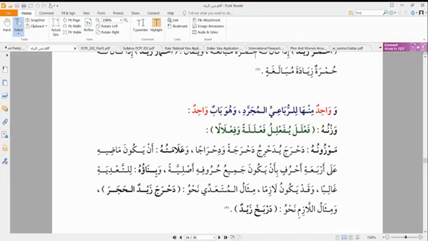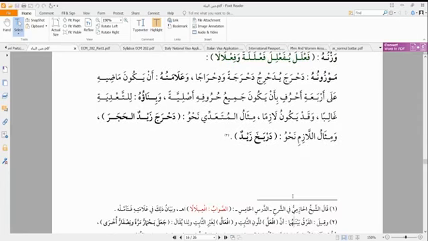Wa mithalul lazim nahwu, however, an example of a lazim is what? Daruba zaidun. When they say daruba, it means somebody bows with both his head and his back. That's Zaid bowed. So that is an example of lazim for the fa'lala shape.